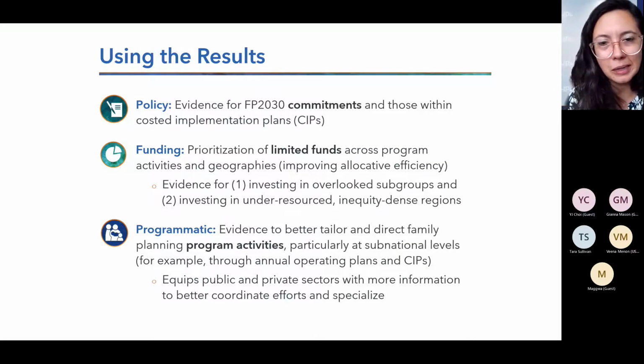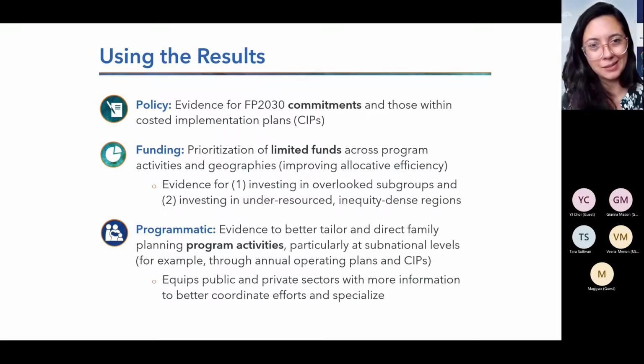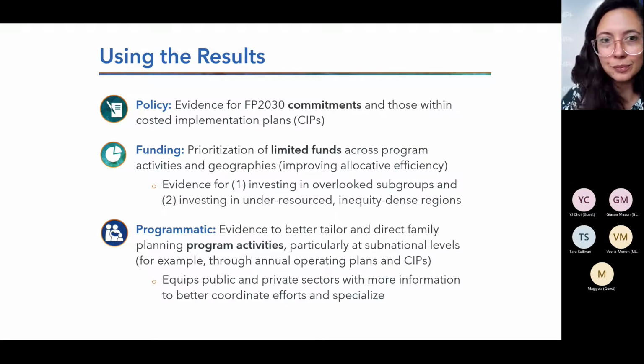So it can help you make those types of decisions within family planning program funding. And finally, it can help you better tailor and direct your family planning program activities, particularly at the subnational level. Especially if you see that there are some major inequities in some regions compared to others. It's a good tool for that reason.